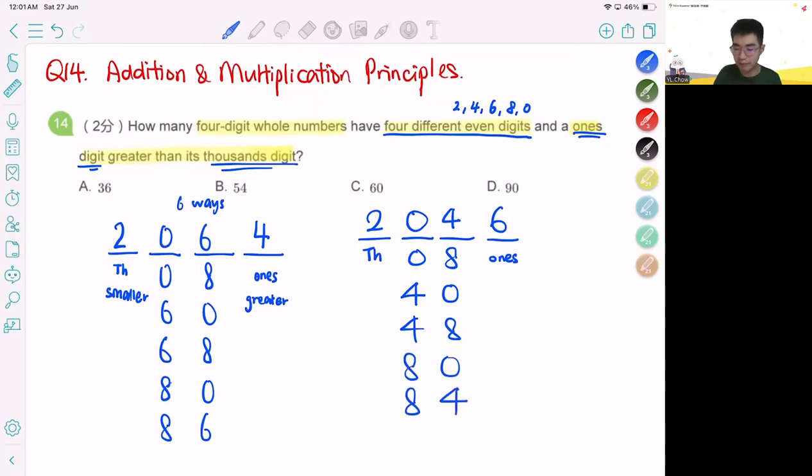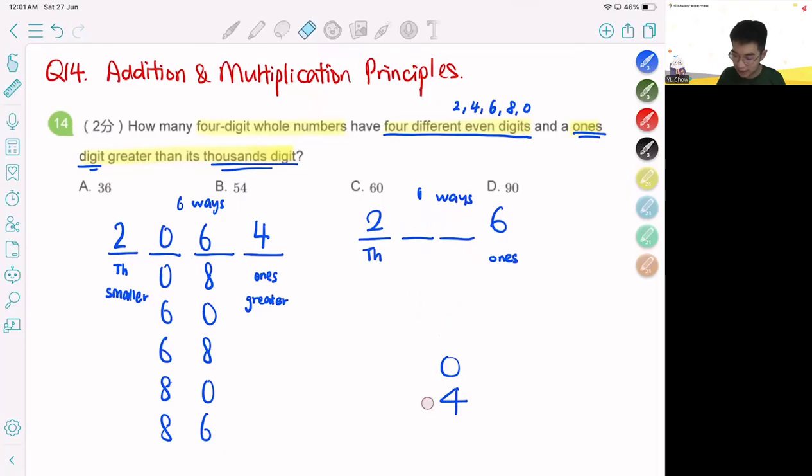And you realize there will be another 6 ways. So after I have selected my thousands and my ones digit, there is always 6 ways to form the exact 4-digit whole number given the thousands and the ones. So if I have 2 something something 6, that will be 6 ways as well.